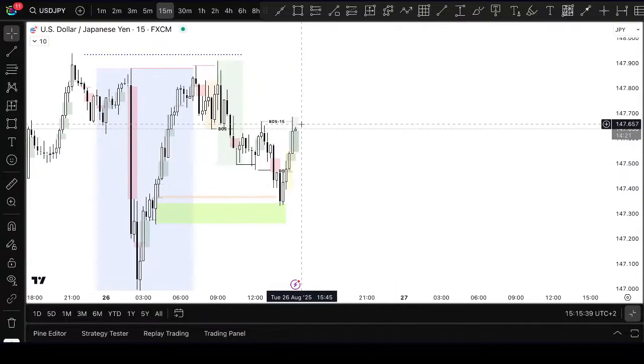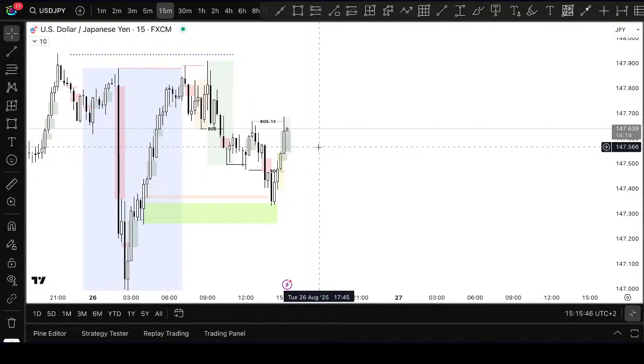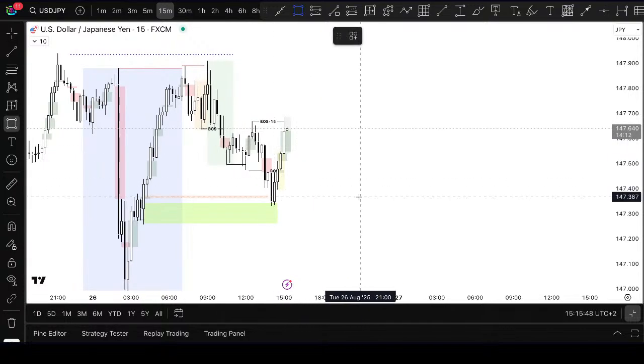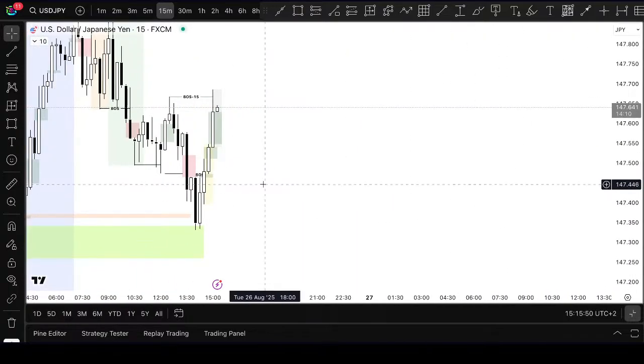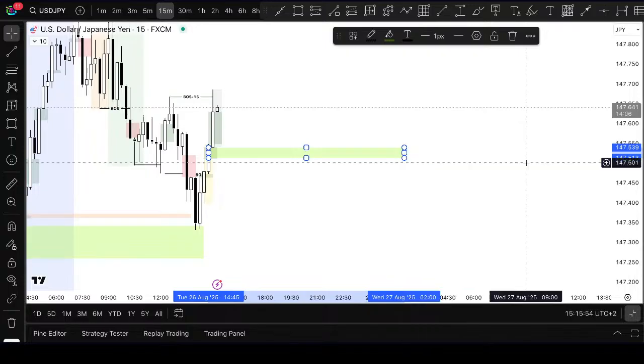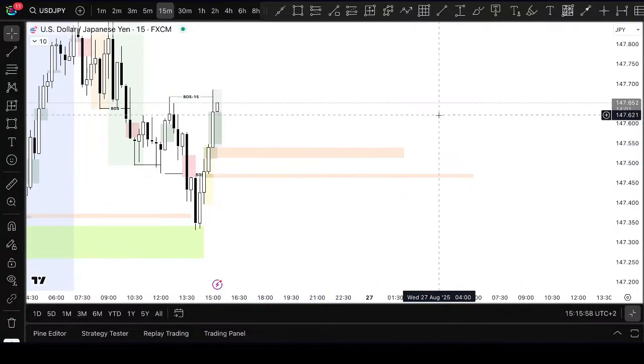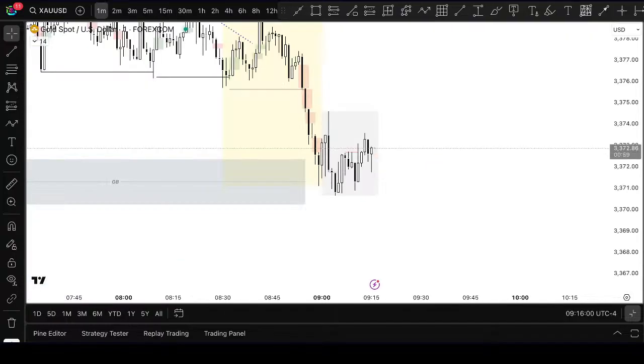Yeah, we can look for short. Sorry, we can look for long here. But before we go, we need to see the price come down to these regions where we have the FVG, because we cannot take random trades from somewhere, because there is no point down here. This would be the ideal FVG where we can take the entry.